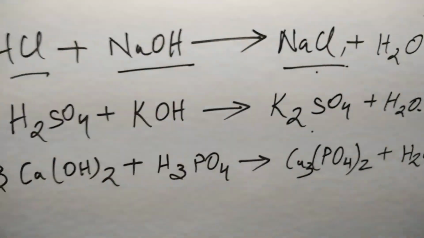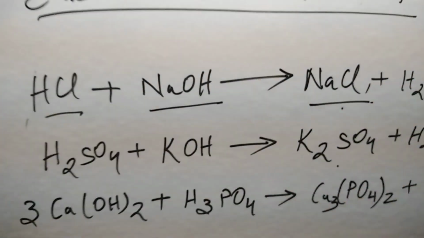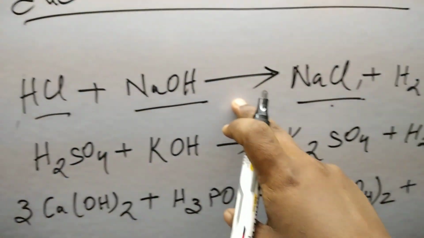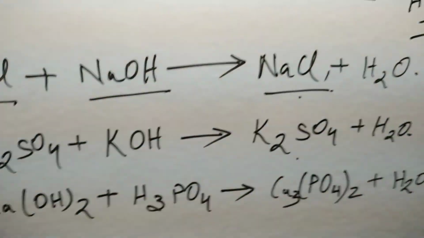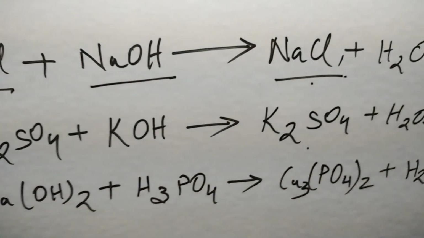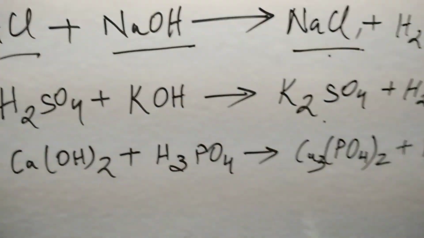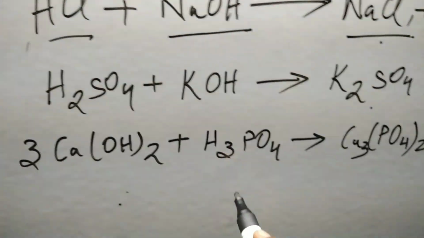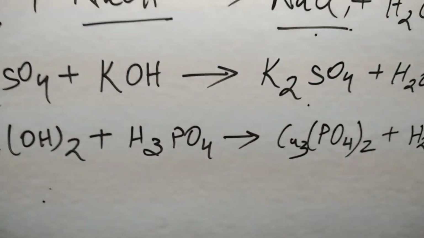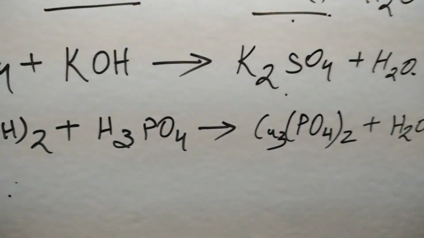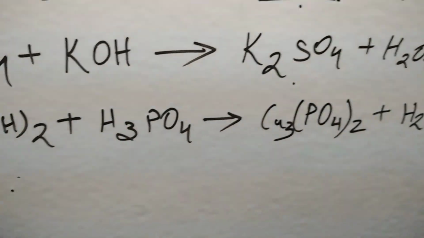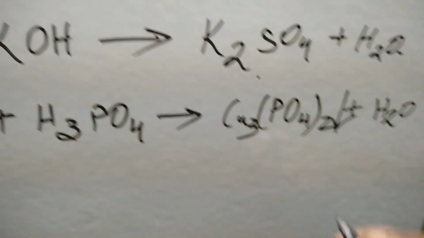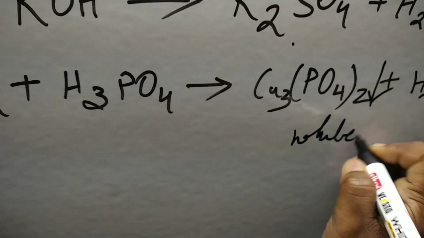Now I told you that I will show you a funda. Then what is the funda? See, in these two reactions, NaCl and K2SO4 salt are in aqueous medium, but in this reaction, calcium hydroxide reacts with phosphoric acid, calcium phosphate is forming. Good, it is also a salt, but it is formed as a precipitate and it is white in color.